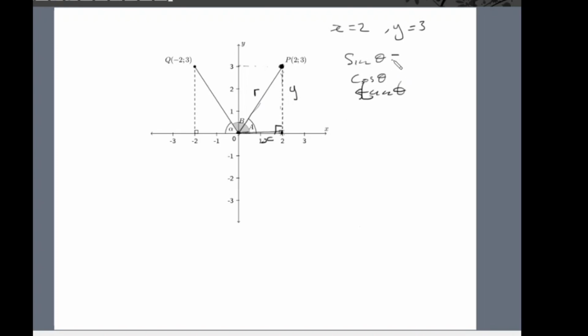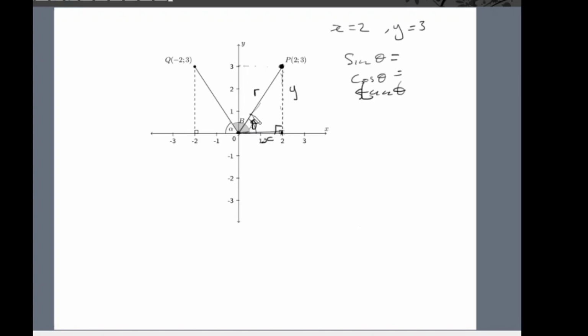Now, when defining the trigonometric ratios, we have said that these definitions don't necessarily depend on the length of the sides, but on the angle, right? So in this triangle, let us call that angle there theta.